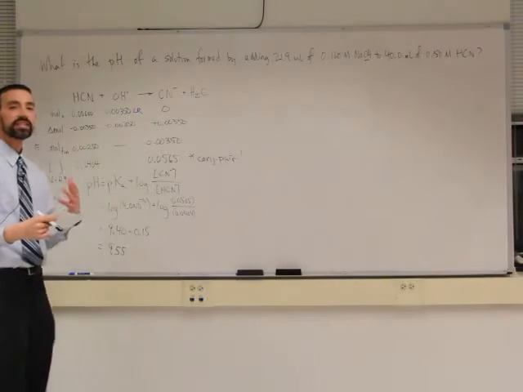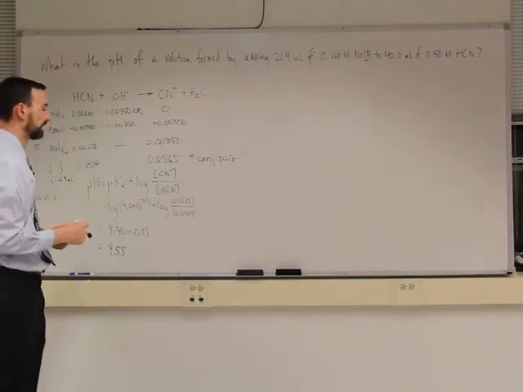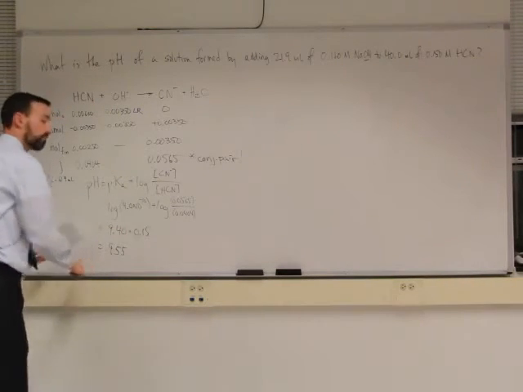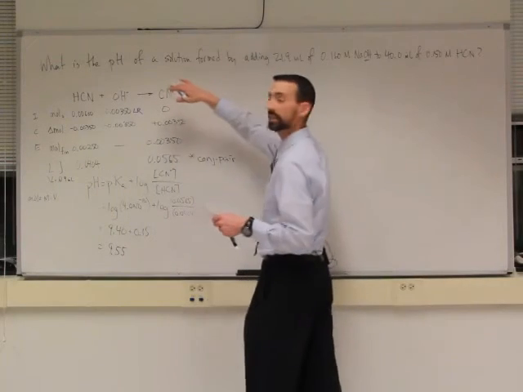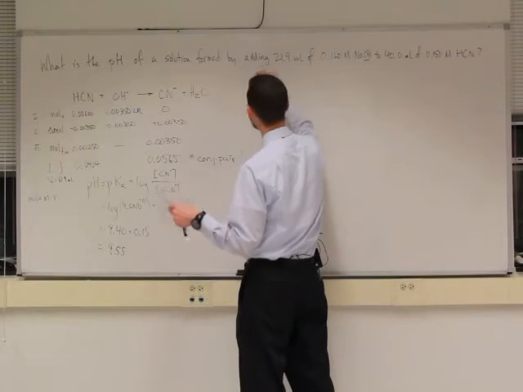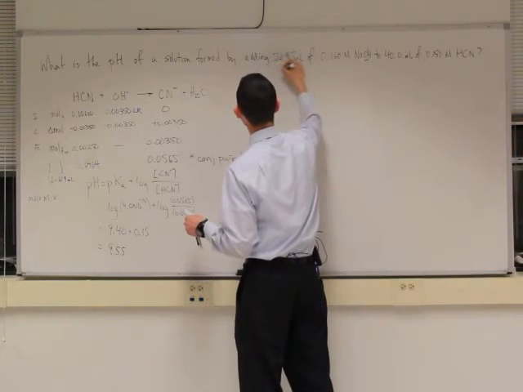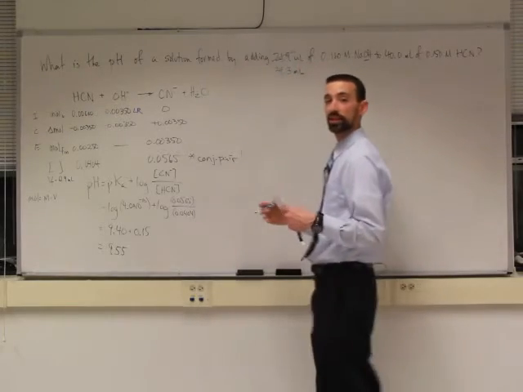But what if I did? What if I added too much hydroxide and that passed the equivalence point? So I'm going to calculate as a second example of this problem, what's the pH of the solution formed now by adding 39.3 milliliters of the sodium hydroxide.